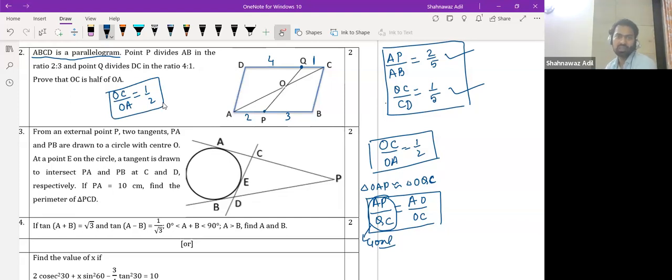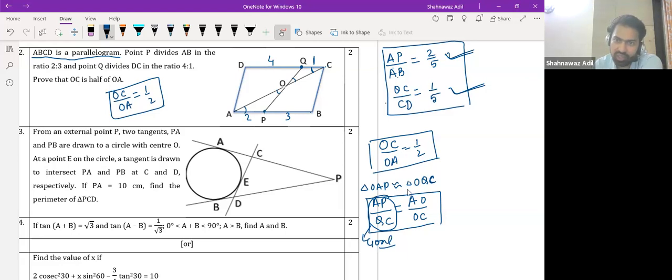Yes, sir. So it is given that AP by AB is 2 by 5, and CQ by CD is 1 by 5. These are the two things which are given. And we have proven that triangle OQC and triangle OPA are similar, because this angle is equal to this one, alternate interior angles, and this is vertically opposite.